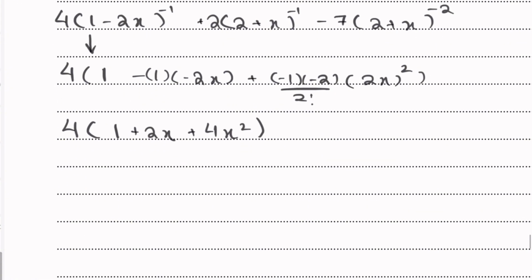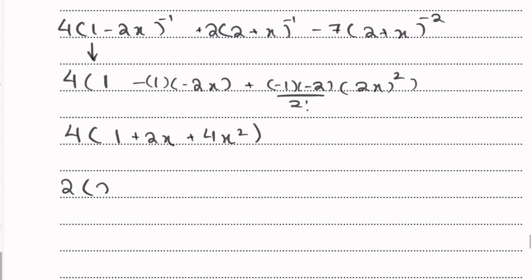That's the first part. Now in the second one, you have to take 2 outside because you have to have 1 plus something next to x. So you have to remove any number that's not 1 from there. We're going to take 2 outside with the power of negative 1, and then you're going to get 1 plus x over 2 to the power of negative 1.